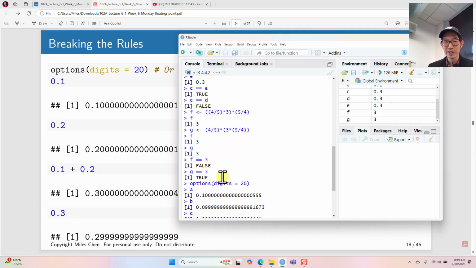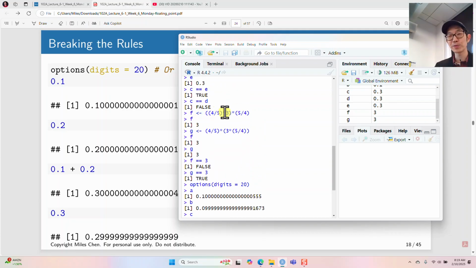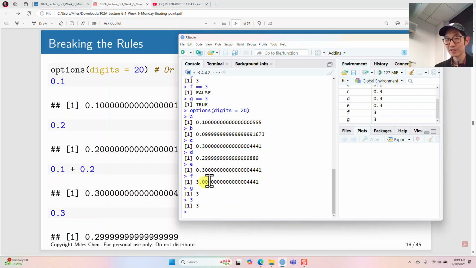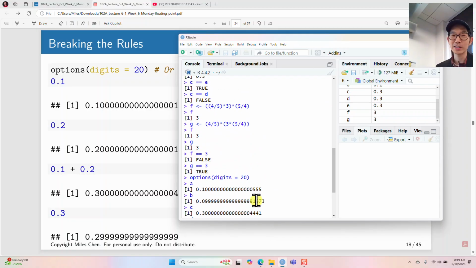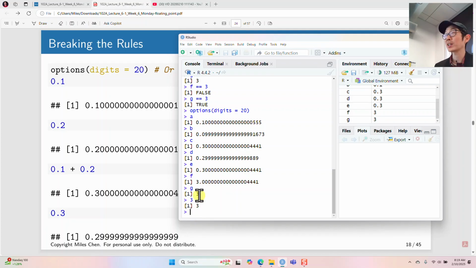So F, while it looks like 3, if you do 4/5 times 3 times 5/4, that doesn't give you 3. It gives you 3.00004441, okay? Versus G, if you do 4/5 times 3 times 5/4, that comes back to be exactly 3, okay? So this is what's happening inside.